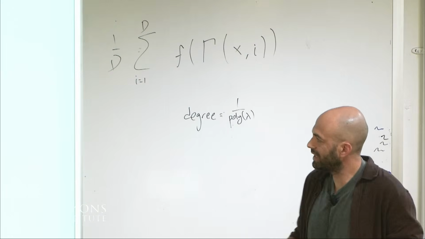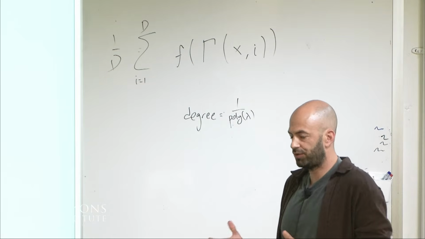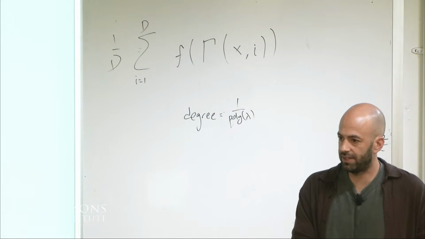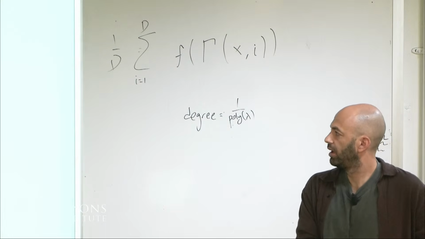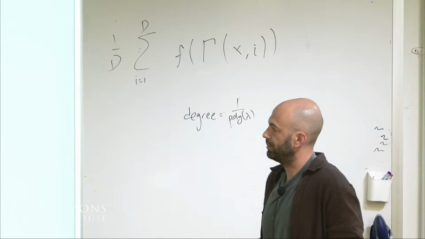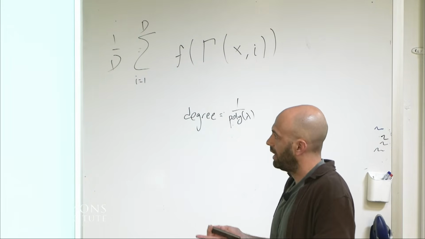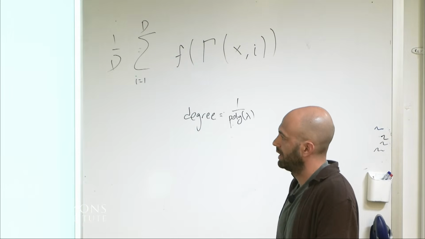And it's a typical phenomenon in explicit constructions. For example, the zigzag product in graphs is also of this type. So how do we compose samplers?